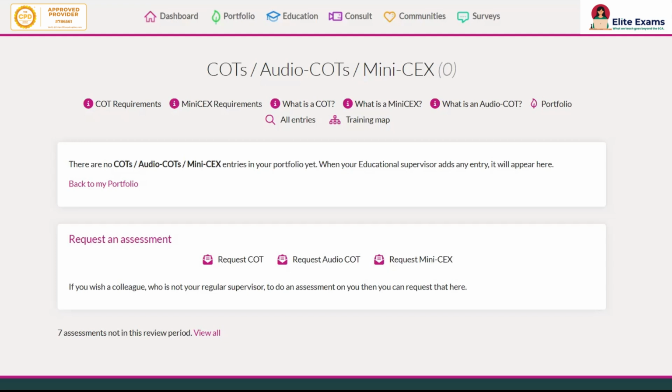In recent times, there is now the opportunity to do it via video, which some people prefer. In my deanery, there's something called Iris. I don't know whether it covers all deaneries, but these are things you need to get to know, how it's done in your deanery. There is a subscription that you have to pay for, which is fully reimbursed, and it gives you access to a video recording platform.